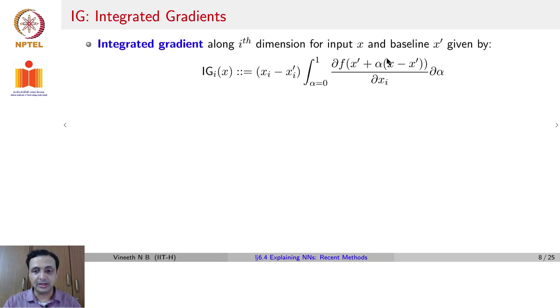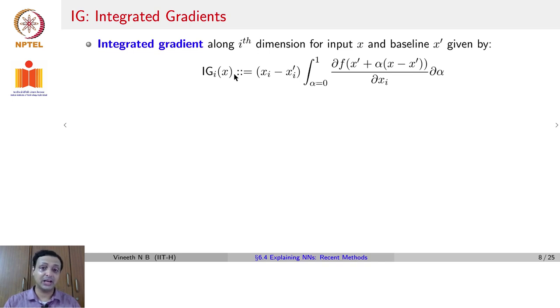You compute the data gradient of this interpolated image, and you find all such interpolated images as you move alpha from 0 to 1, and then integrate all of them to get an integrated data gradient.